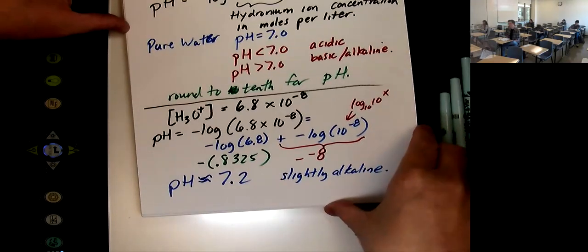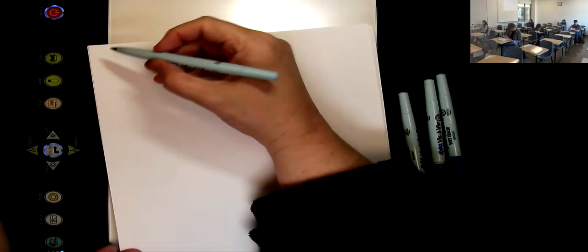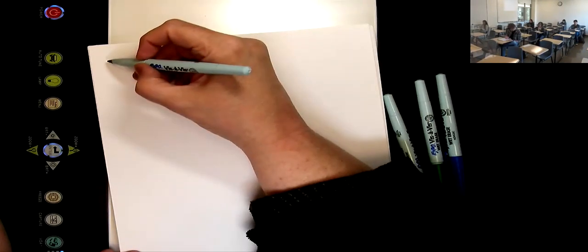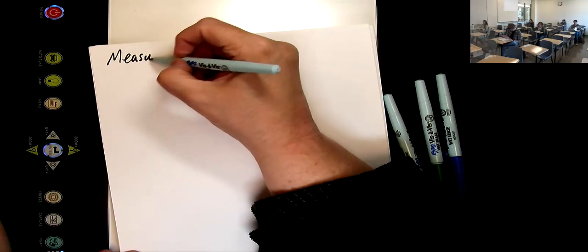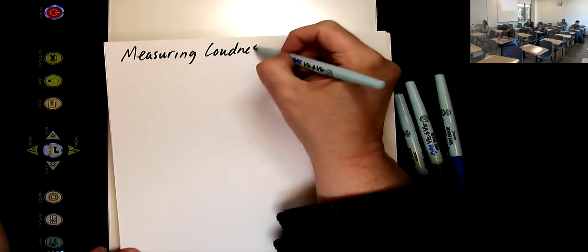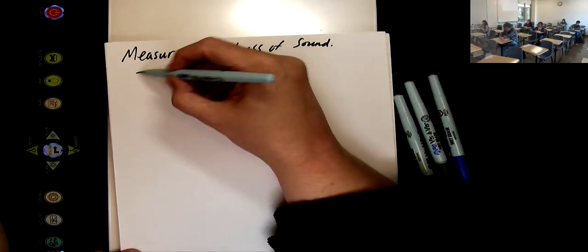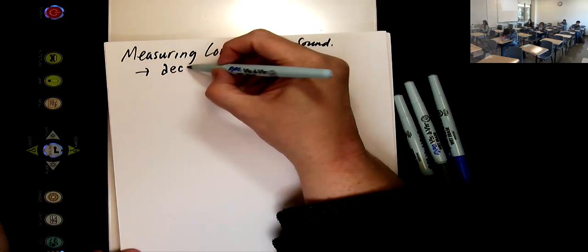In physics, when you measure the level of sound, decibels is another operation that uses the logarithm scale. This is measured in decibels.